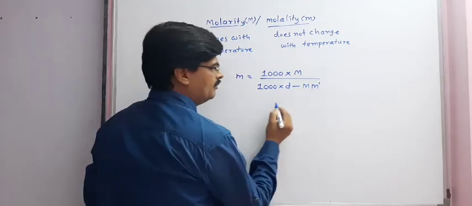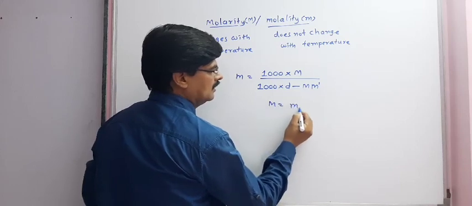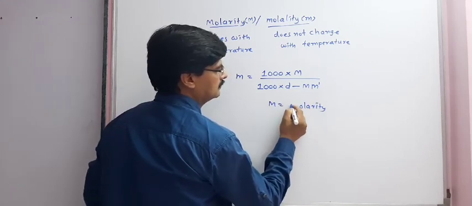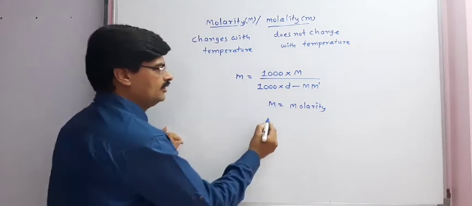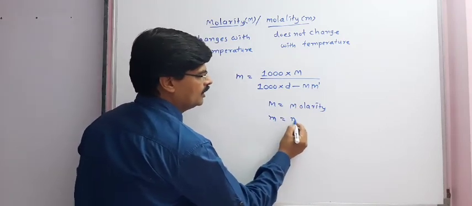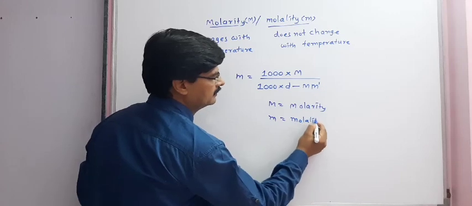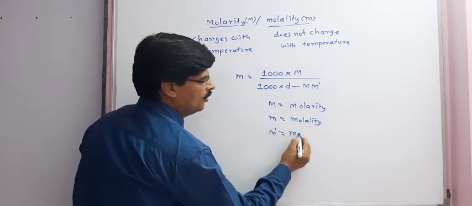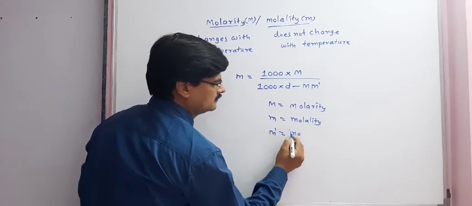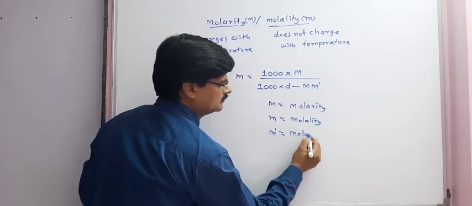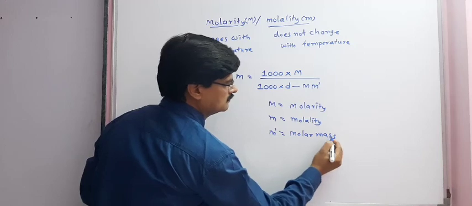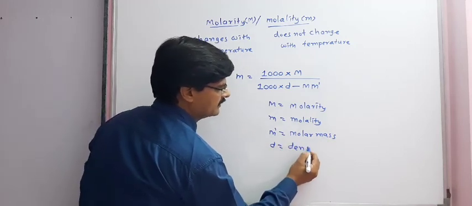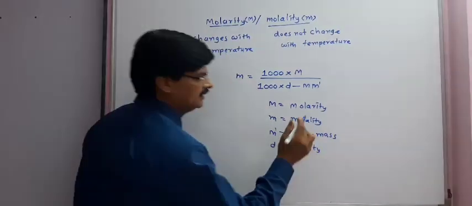Here M is molarity, small m is equal to molality, m dash is molar mass, and density is equal to D. That is D is equal to density.